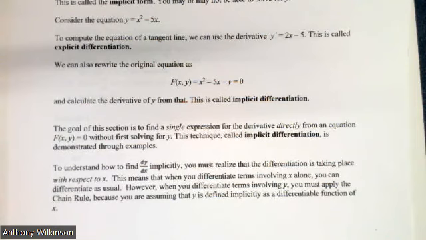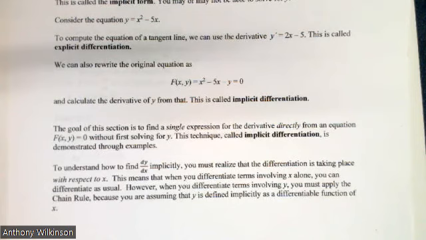Now, to understand how to find dy dx implicitly, you must realize that the differentiation is taking place with respect to x. This means that when you differentiate terms involving x alone, you can differentiate as usual. However, when you differentiate terms involving y, you must apply the chain rule.